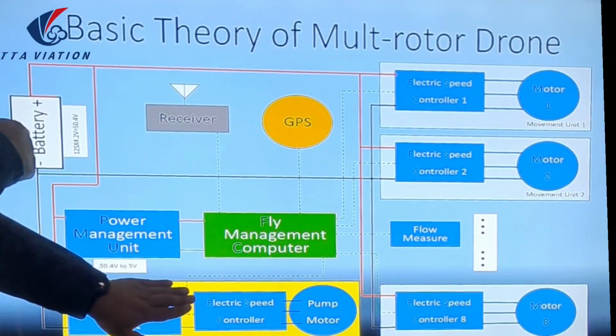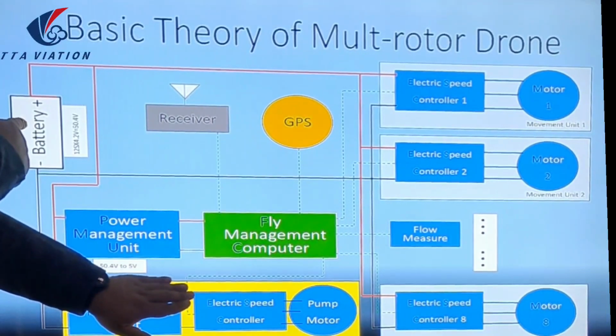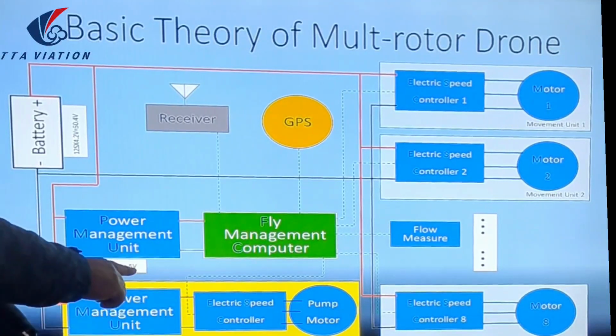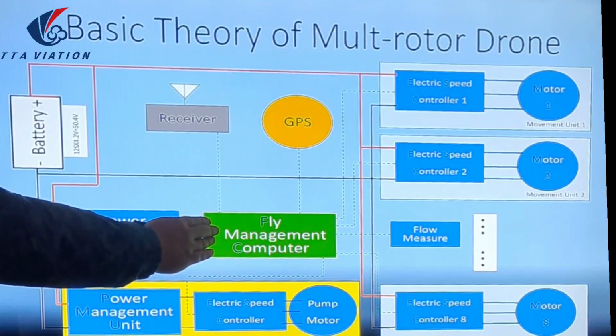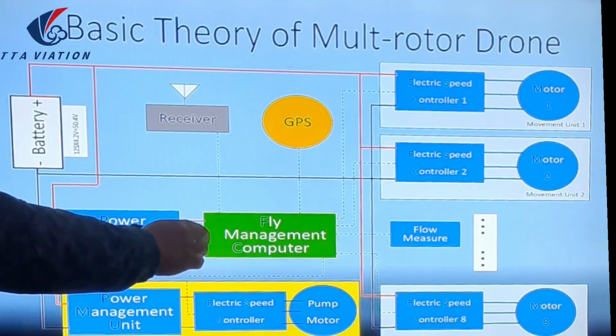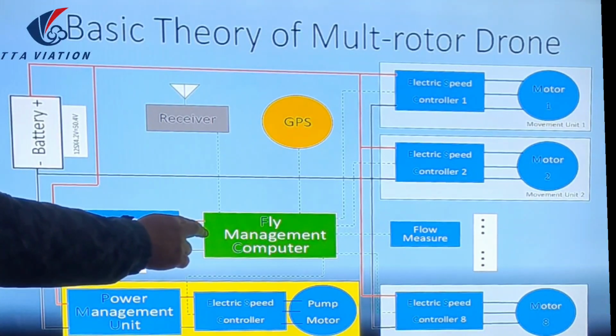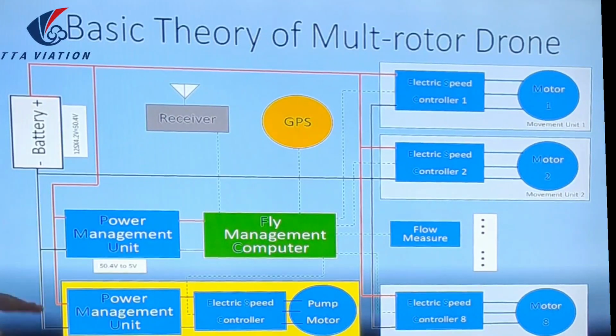This PMU converts the battery's voltage to a 5-volt voltage and supplies it to the flight controller, and the pump on that drone can directly link to the battery.